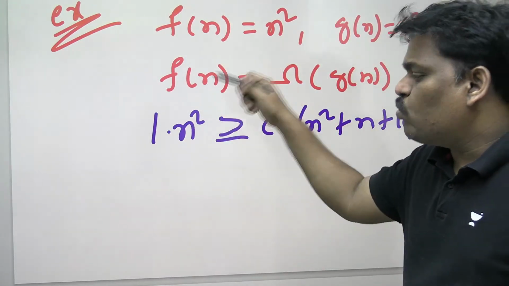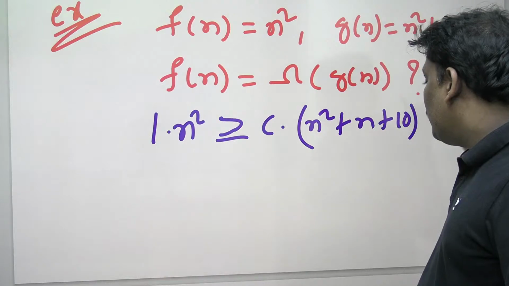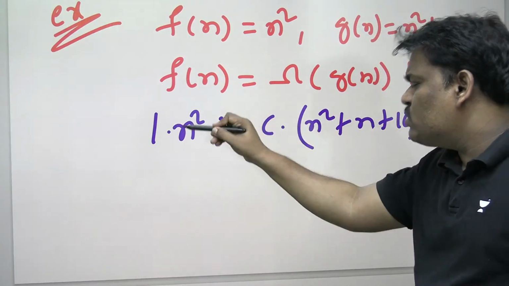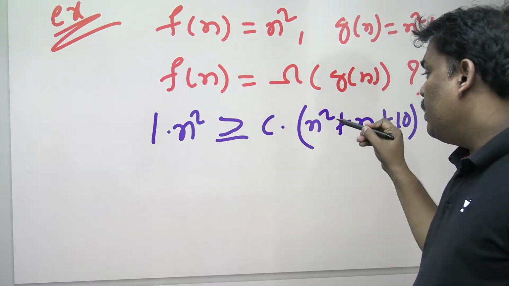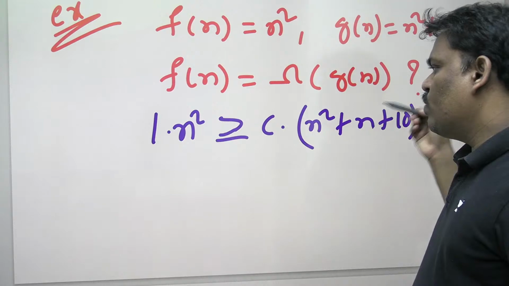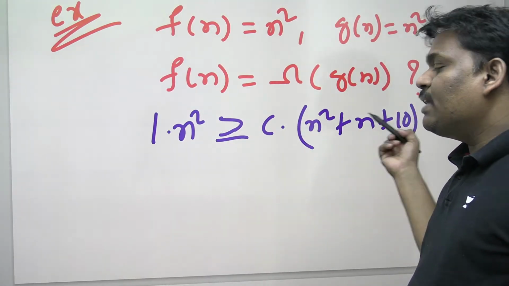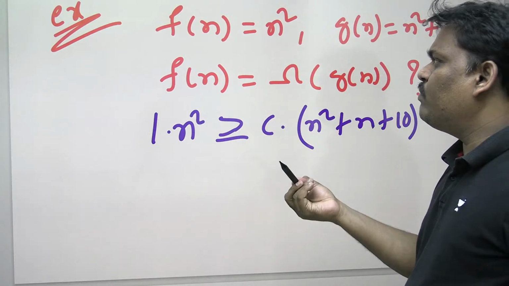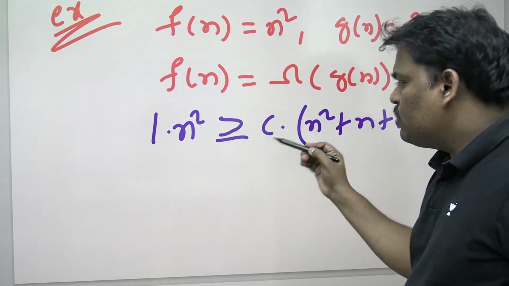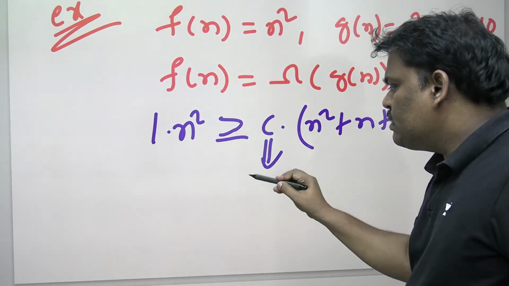Here only n square, but there n square plus something. So right is bigger, but I want to make left bigger. C is there on the right side, not on the left side. So I think you can try C value 1 by 2.